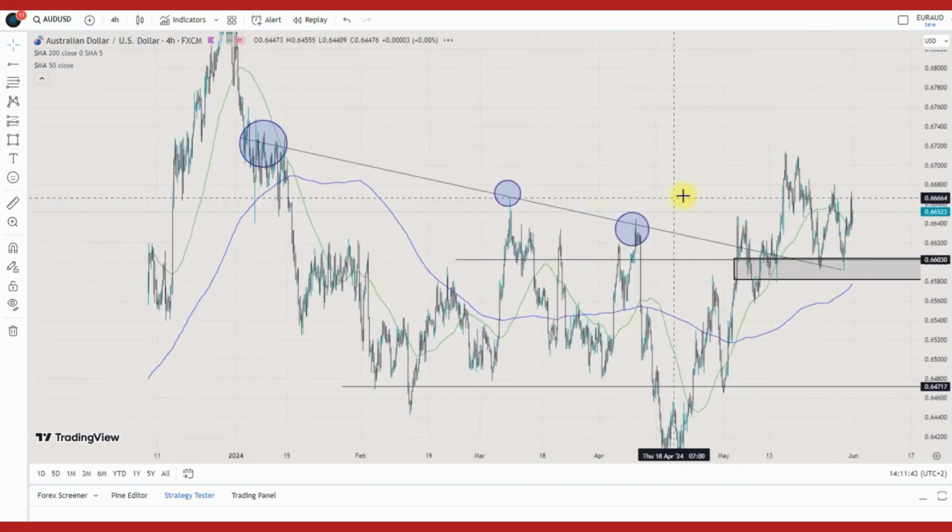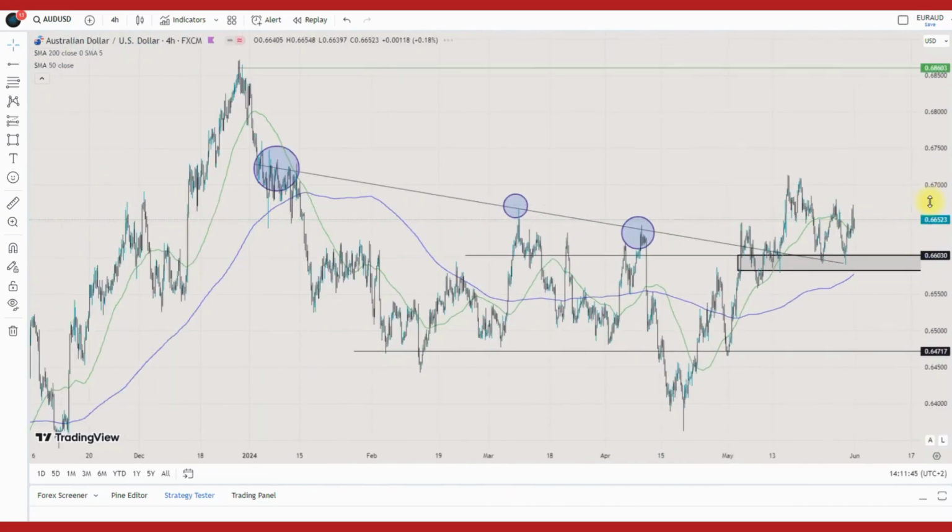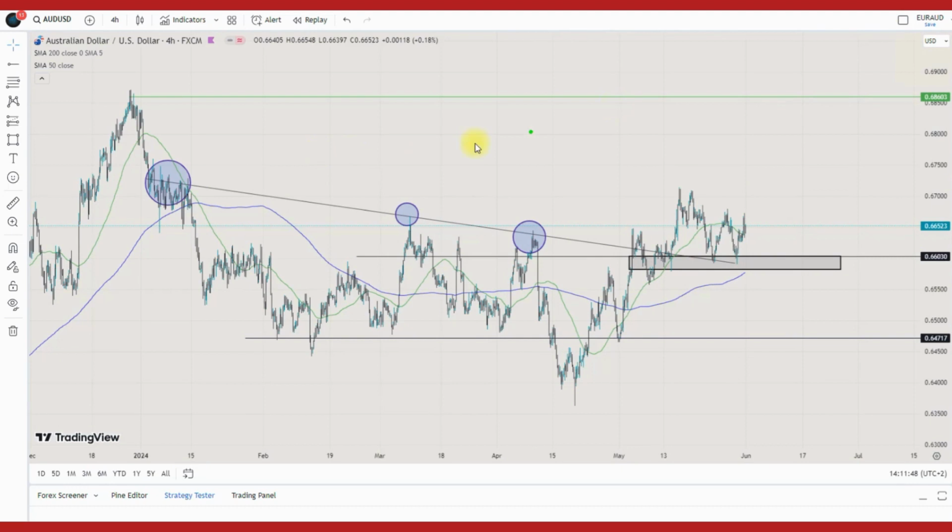On AUD/USD too, I'm looking for a bullish bias. This has been broken out, and then we saw a rejection twice at this particular level, which creates this strong support level. So probably waiting for price to go back to 0.68603. So that's what I'm looking at on AUD/USD, a bullish bias back to 0.68603, unless it breaks this level.